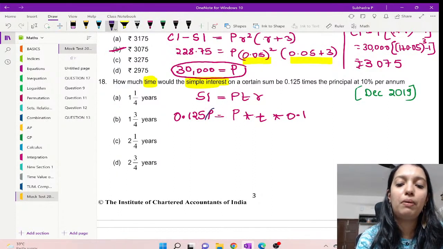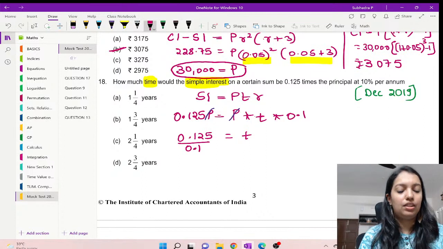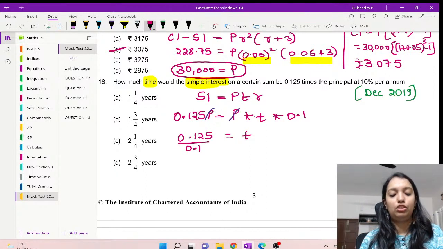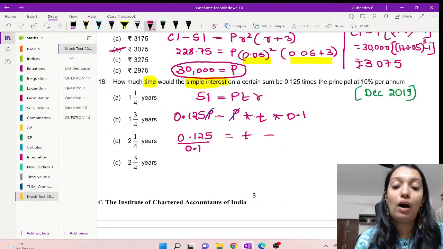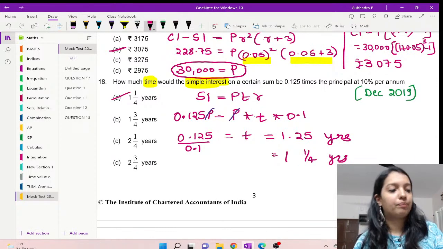Can I kill P and P? Because it's there on both sides. So you will get T is equal to 0.125 divided by 0.1. Take your calculator, 0.125 divided by 0.1. You will get the answer as 1.25 years. 1.25 or 1 by 4, both are same. Correct answer is option A.